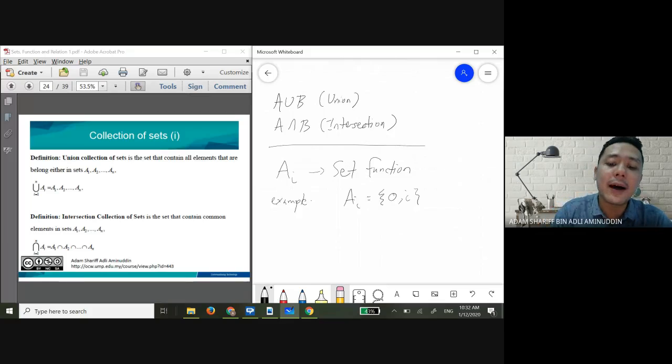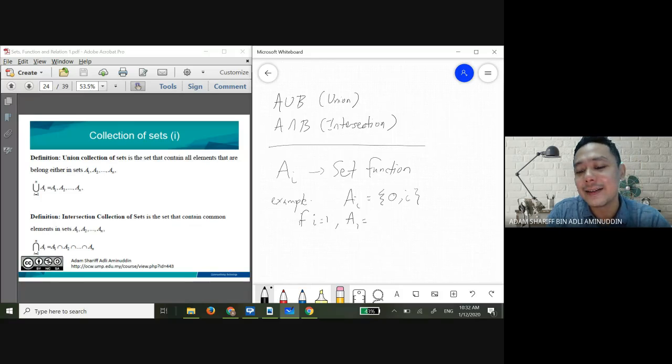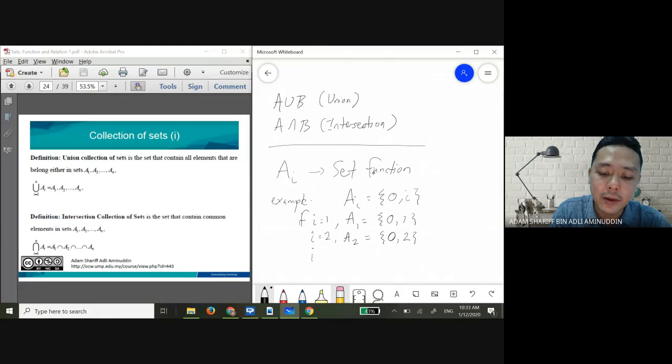So, if i equals to 1, apakah A1? A1 jadi {0, 1}. If i equals to 2, A2, dia tak jadi {0, 1} dah, dia jadi {0, 2}. And I put one more, i equals to 3, hence the name A3, it will become {0, 3}.